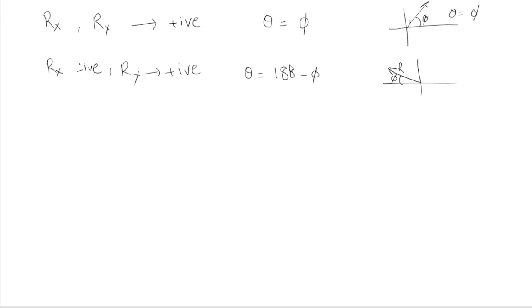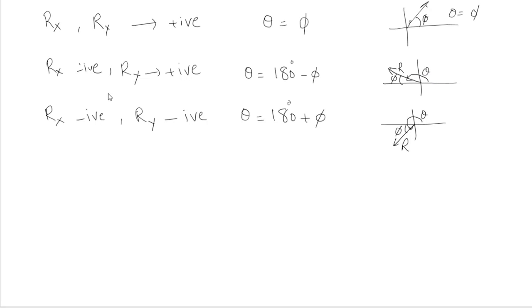Then theta will be 180 minus phi. But if Rx and Ry are both negative, then it means that the resultant vector lies in the third quadrant. This is some angle it is making with the negative x-axis, then the total angle theta will be 180 plus phi. So I'm talking about this angle theta.